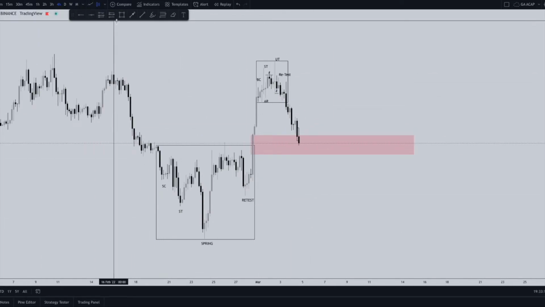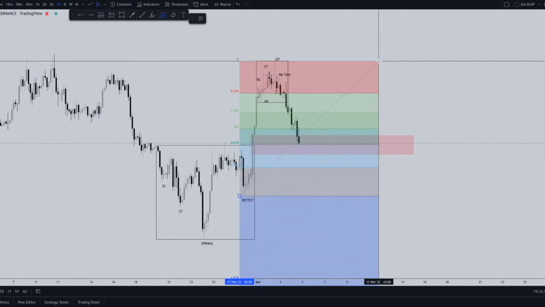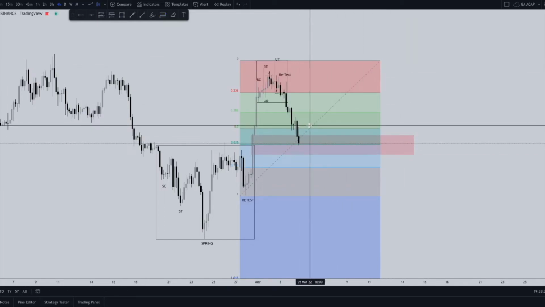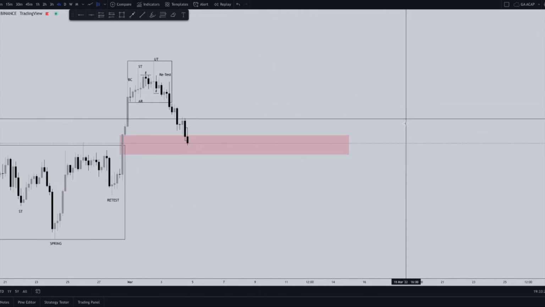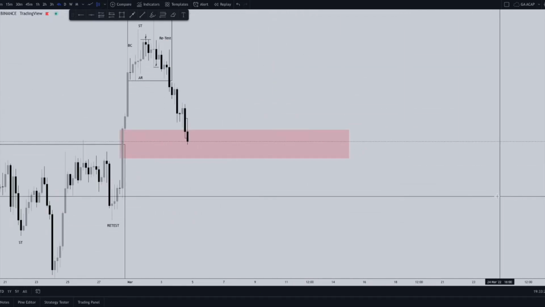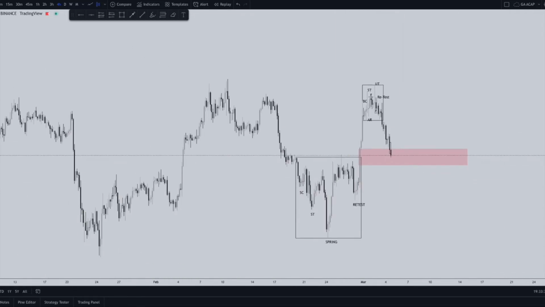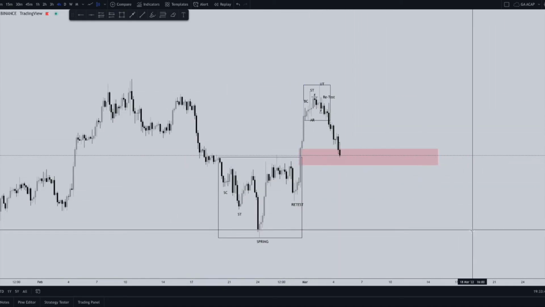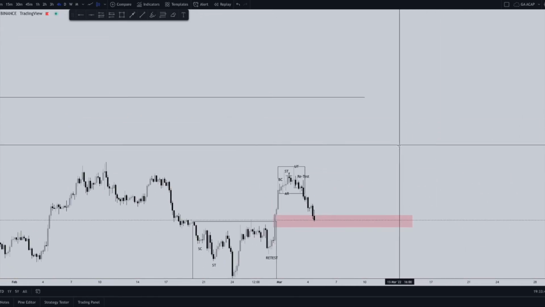So this could be a pullback, because if we draw a Fibonacci retracement from here to here, you can see here that we are around the 0.618 region, which is a very strong reversal zone, and we're going to have to wait and see how price plays out over the weekend, and even over the next week. So hopefully we can have another accumulation phase play out over the next 2 days, Saturday and Sunday, and then Monday we could have another uprise towards 50k.